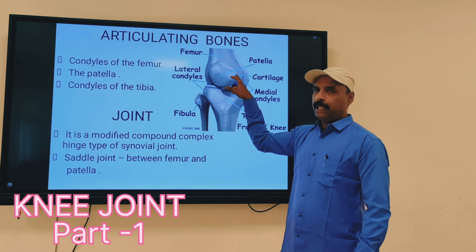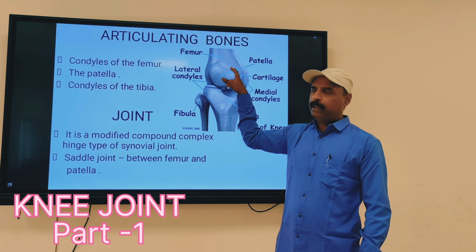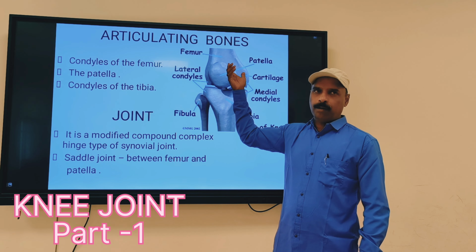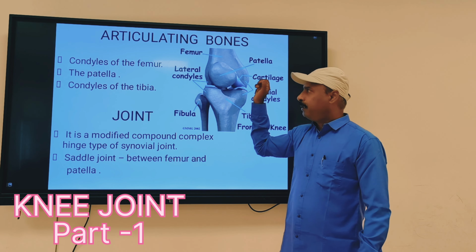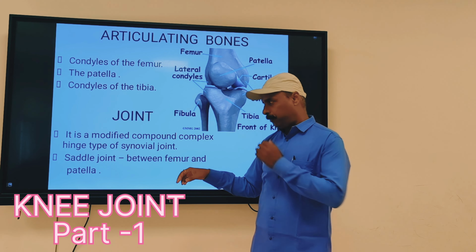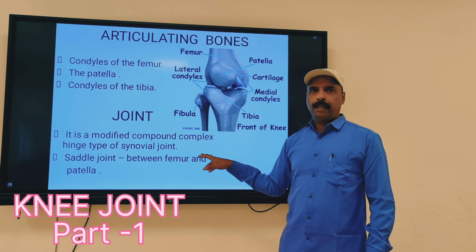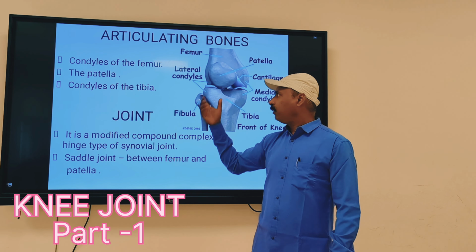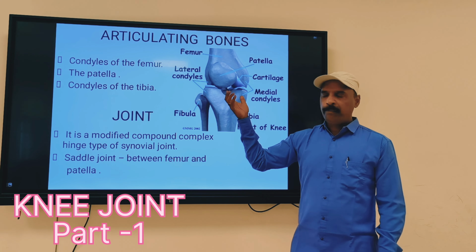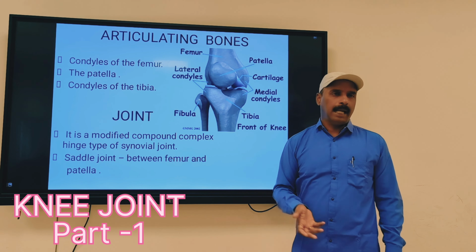So this patella has a convex and concave part, which articulates with the concave and convex part of the lower end of the femur. That is why we call it a saddle type of joint, the patellofemoral joint. In total we get the hinge variety, compound, complex, and saddle.